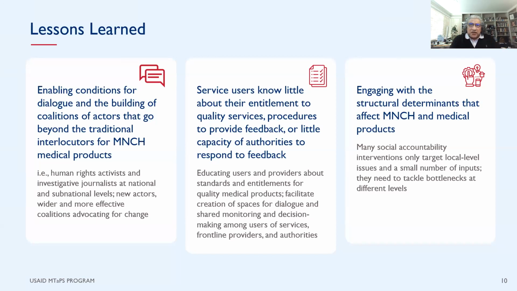So social accountability, again, although it may start at the very local level, has as one of its goals to tackle the bottlenecks that are affecting the problems identified at the local level.